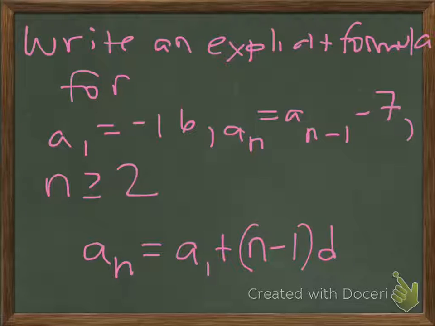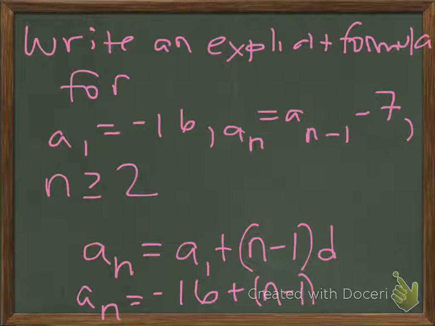A sub 1 is given as negative 16, so we're going to plug that in. Plus n minus 1, we don't know, so we're going to leave that as n minus 1. And the d is going to be the negative 7.